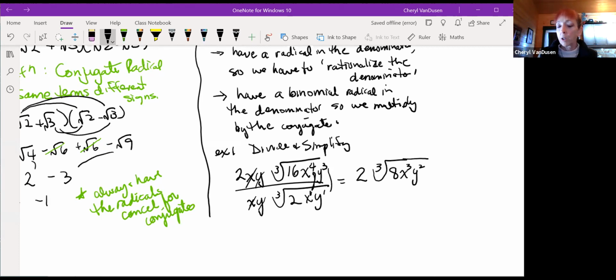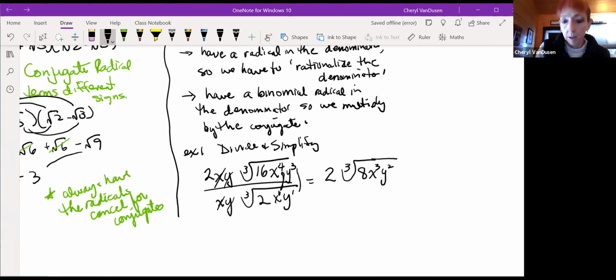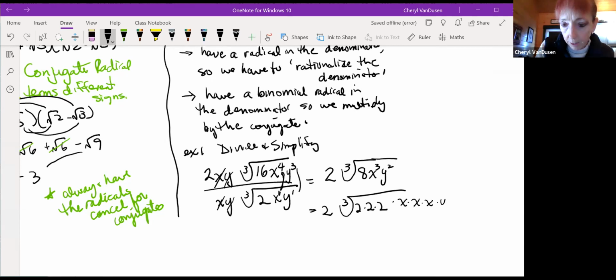Okay, now we look at simplifying. There is a little bit more simplifying that has to happen here. And again, I see lots of us just motoring along. You're probably ahead of me. You multiply the 8 out into 2 times 2 times 2. If you don't know that, you go over to the side and do your prime factoring. And then x times x times x, and then y times y.